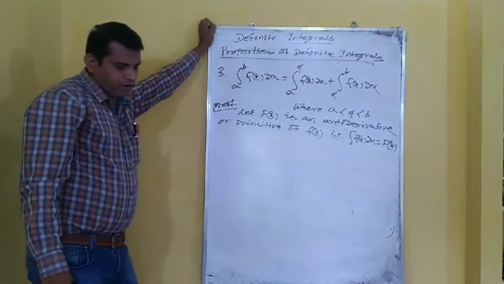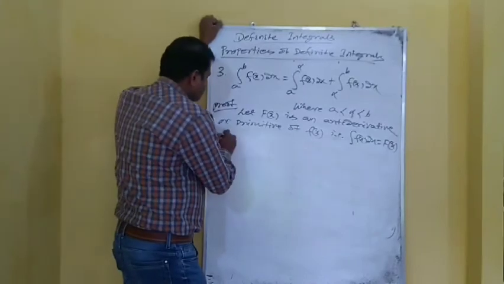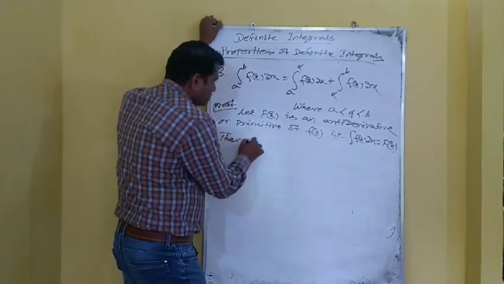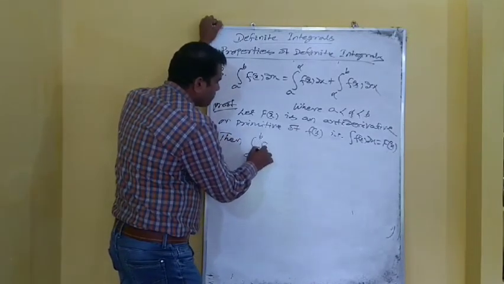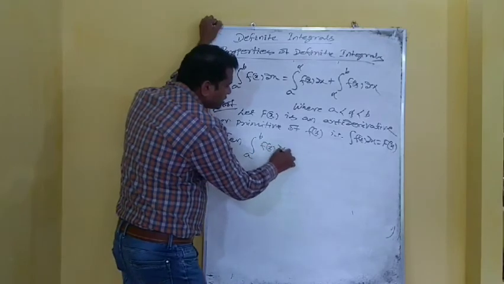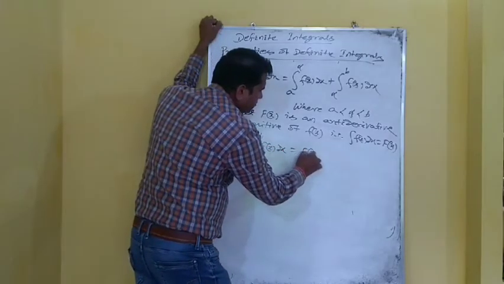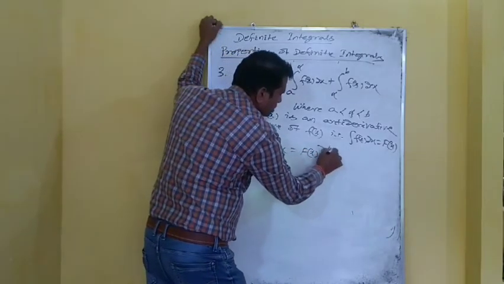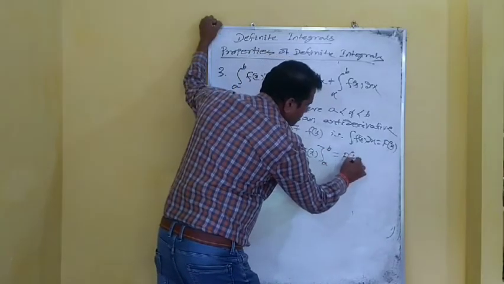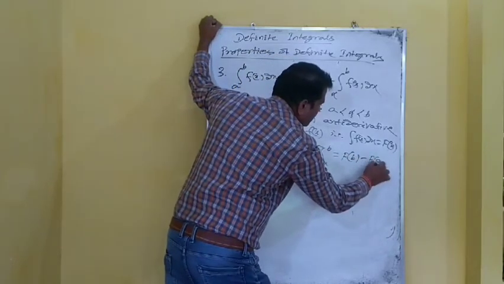Then the integral from a to b of f of x dx becomes capital F of x from a to b, that equals F of b minus F of a.